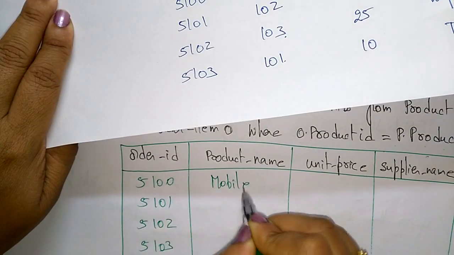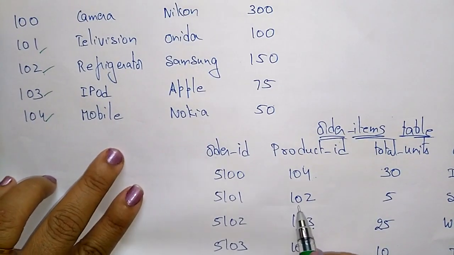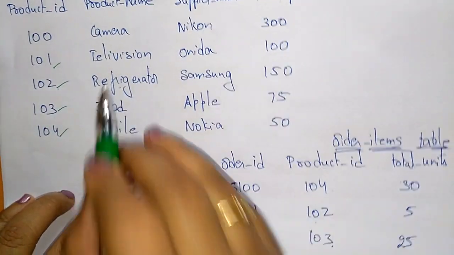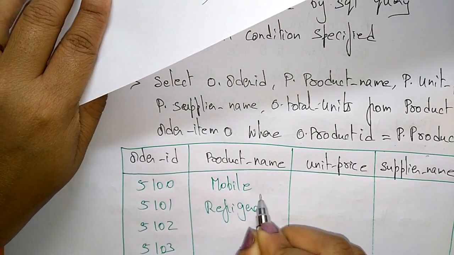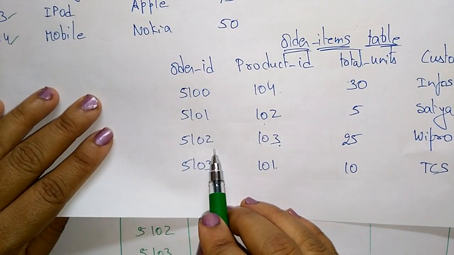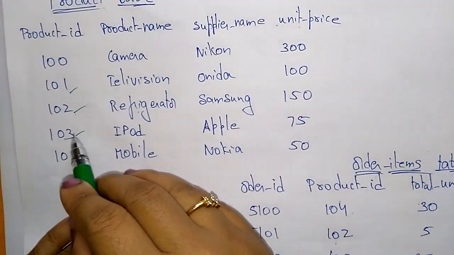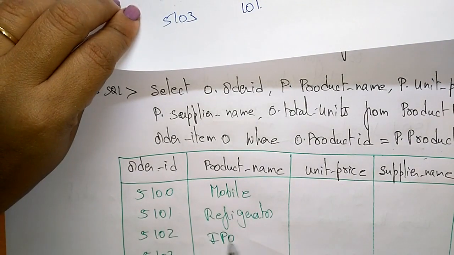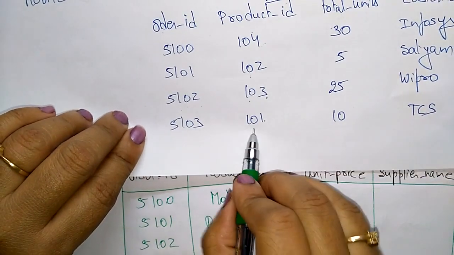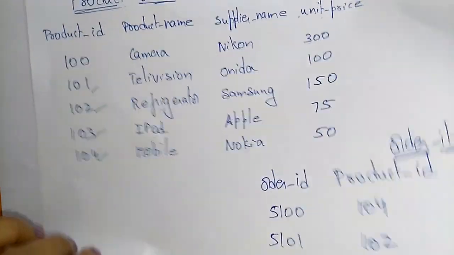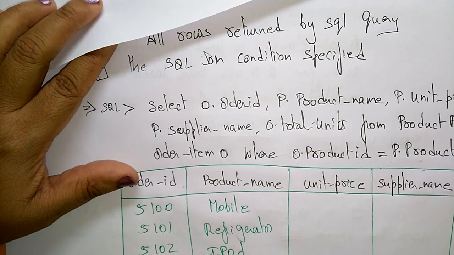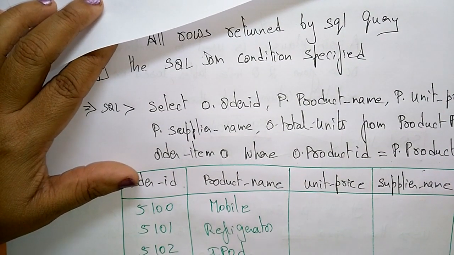For 5101, the product ID is 102, product name refrigerator. For 5102, the product ID is 103, product name iPod. For 5103, the product ID is 101, product name television.